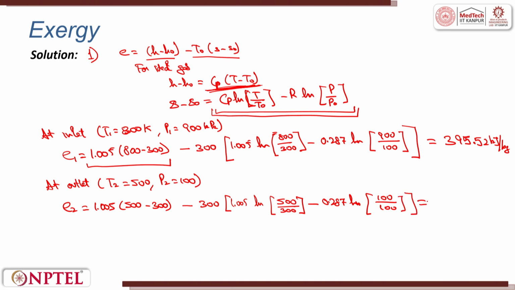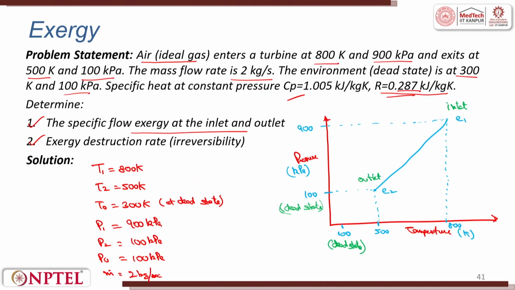This gives me the value of E2 at the outlet as 46.95 kilojoules per kg. So this is part 1 that is covered.